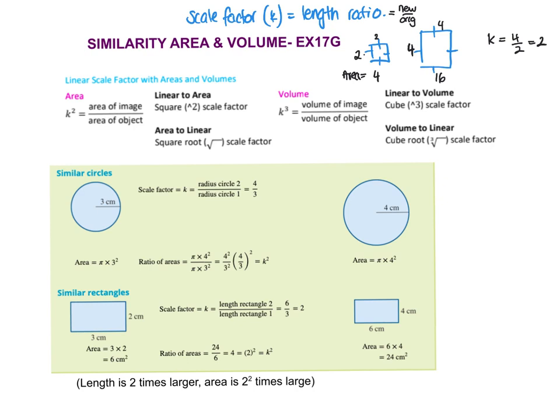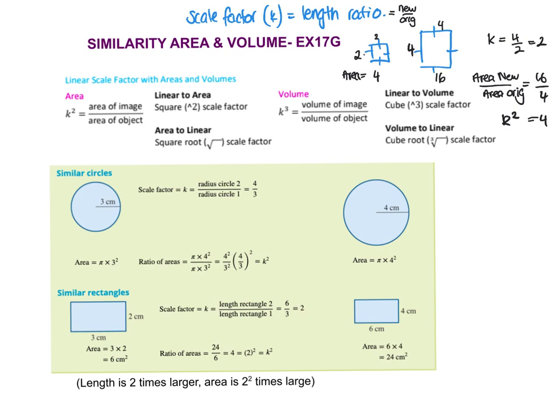So if you compared their areas, the area of the new over the area of the original, I would have 16/4, which ends up being 4. So which is actually K squared, because K was 2, and if you square it, it's 4. So the area of a similar shape is K squared bigger.